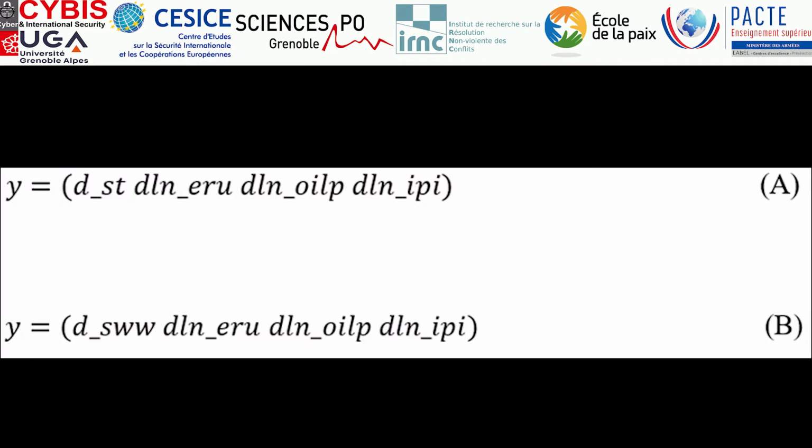According to the Cholesky ordering, our vector of endogenous variables is defined as in model A or as in model B. The causal ordering follows the same logic. That is that sanctions are able to affect the real effective exchange rate, Brent oil prices, and Russian GDP.